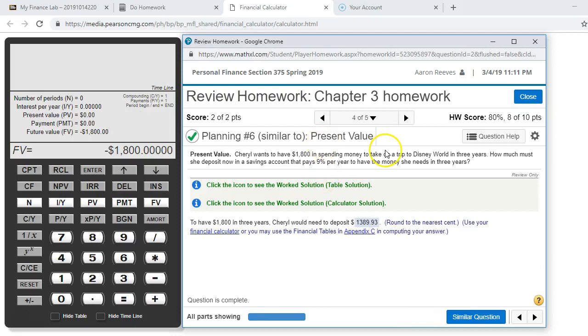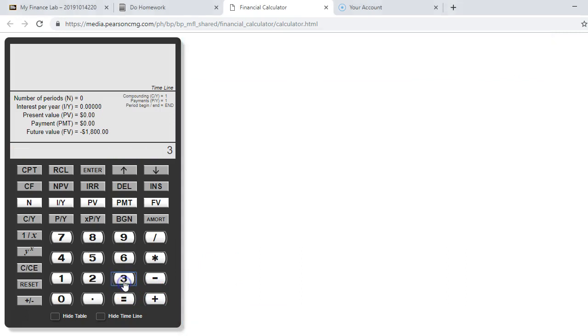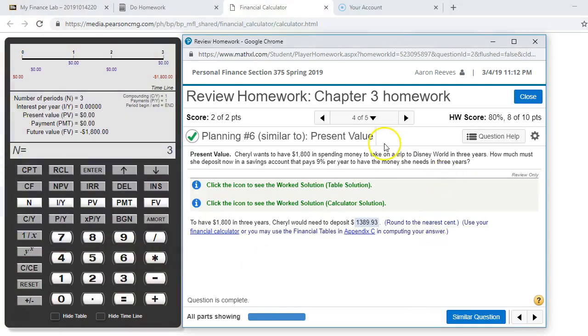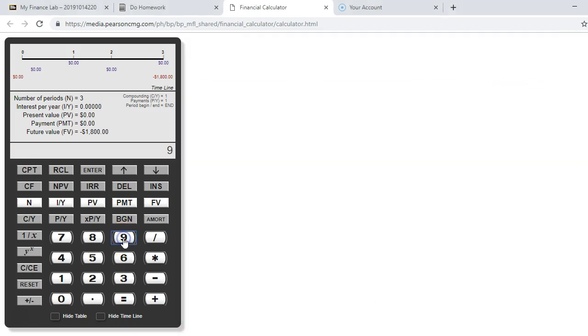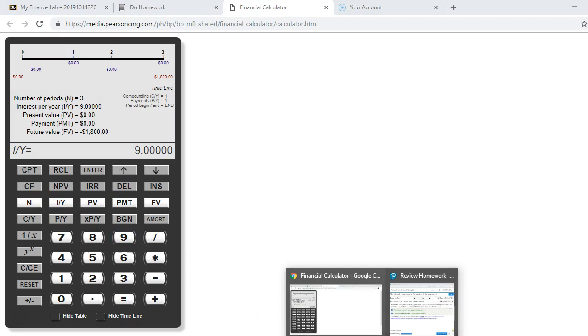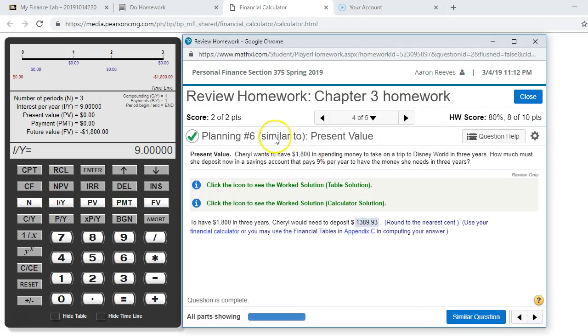Next, we have the number of periods being 3 years. So I'll hit 3 and type in for number of periods, followed by the interest rate, which is going to be 9%. Hit the 9 button, hit my interest rate, and we want to figure out what is going to be the present value amount.